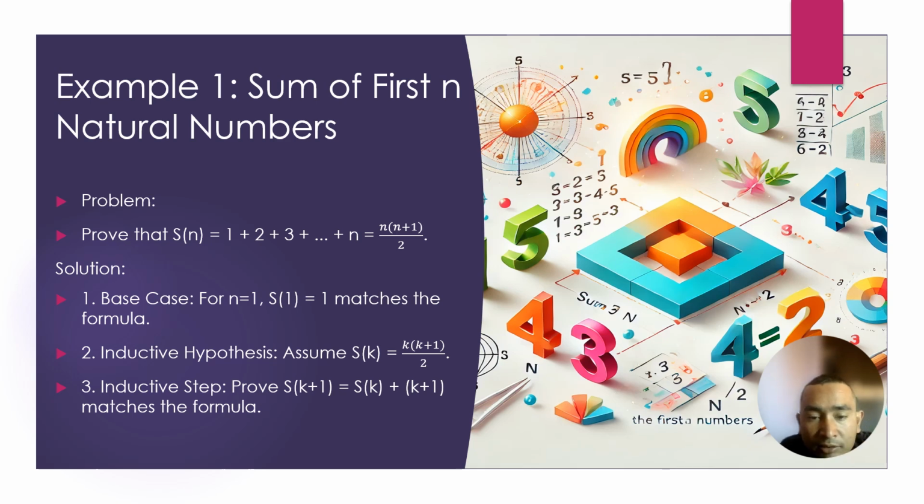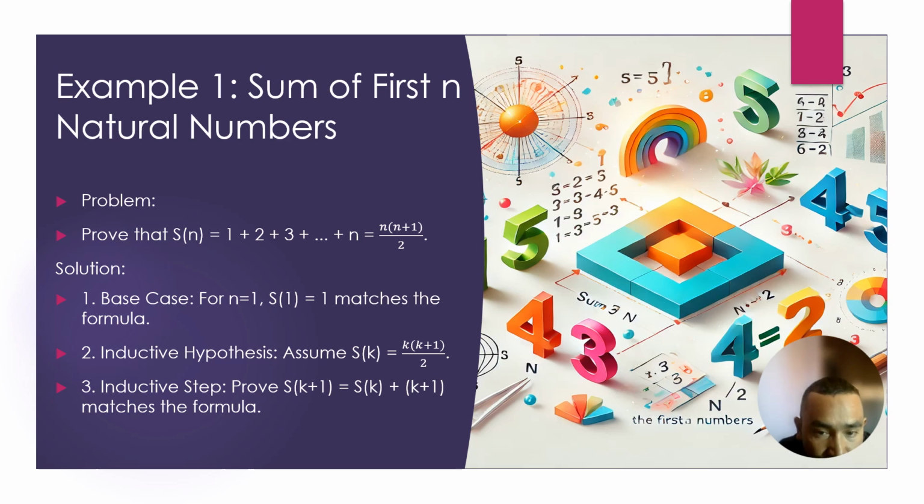Okay, for example, here I have brought an example. Example number 1: the sum of the first n natural numbers is our problem, and now we are going to prove that Sn equals... we know natural numbers start from 1, and we add 1 plus 2 plus 3 plus 4 plus 5, and so on.